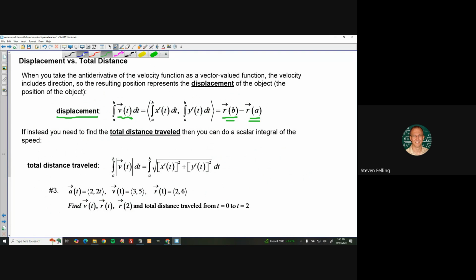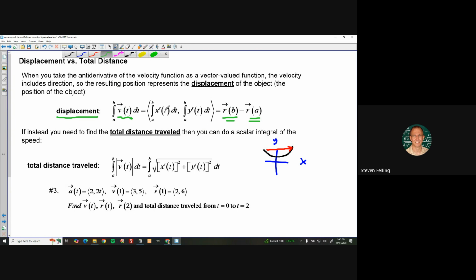So the basic idea here is, let's say that you have an XY plane, and you've got some sort of pathway along that like this. If you just take the definite integral of the velocity vector and plug in the two values, you're going to get a difference between two vectors, which is going to be a vector. So that's going to be like a displacement. It's the difference between the start and the end position.